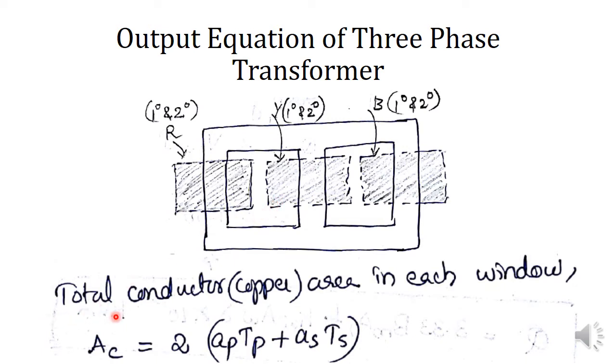So total conductor or copper area in each window, that is AC, is equal to 2 times TP-AP plus TS-AS, where TP and AP are the number of turns and area cross section of primary conductors, and TS and AS are the number of turns and area cross section of secondary conductors. 2 is given in order to represent two sets of primary and secondary windings.